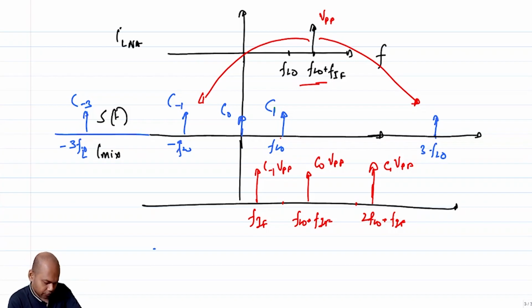So this is F_LO, and negative 2 F_LO is somewhere here, and so on.